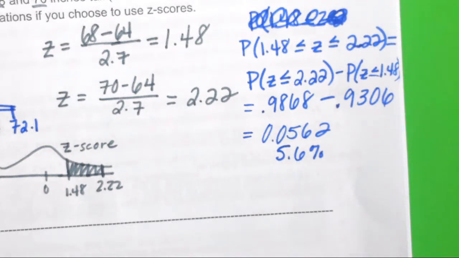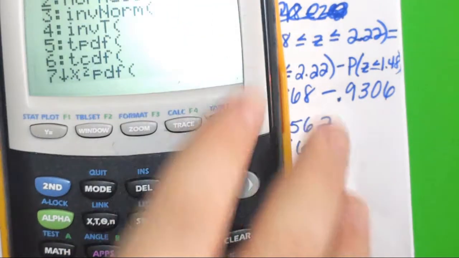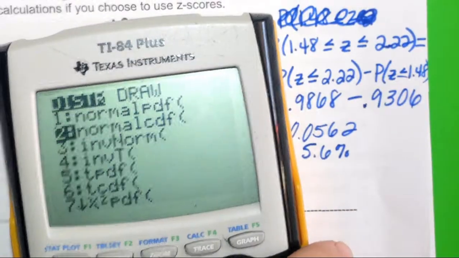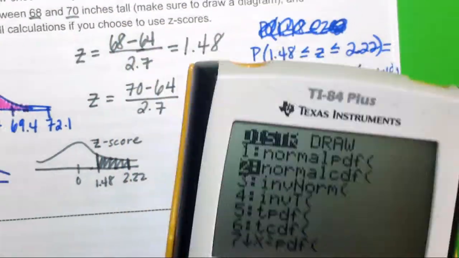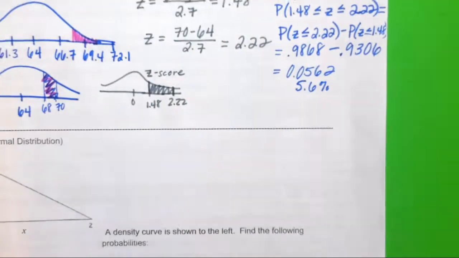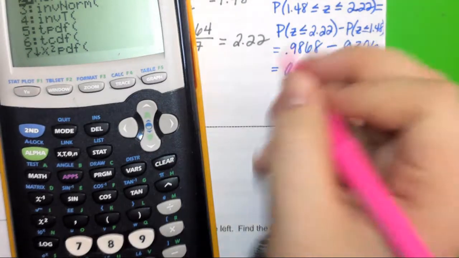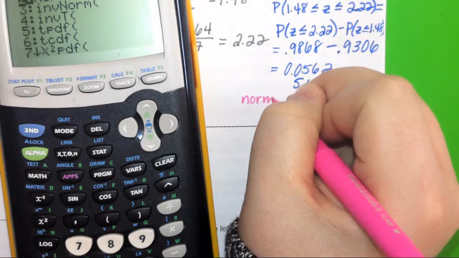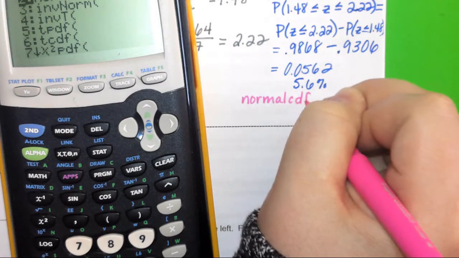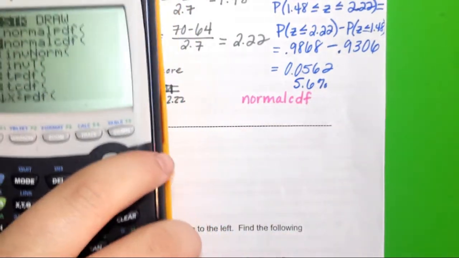Do you remember what button we're supposed to press? Second bars, normal CDF. Yeah, so we're doing second bars and the normal CDF, and they get a point for that. And literally, what took me 5 steps and 5 minutes to explain, Hunter can do in 2 seconds. So I'm going to do the normal CDF, which we got to by pressing second bars.